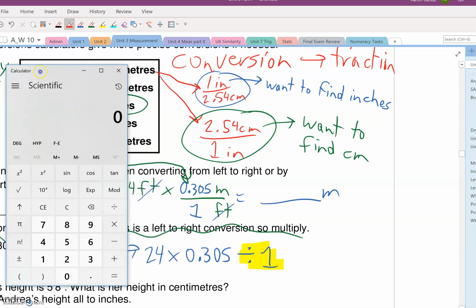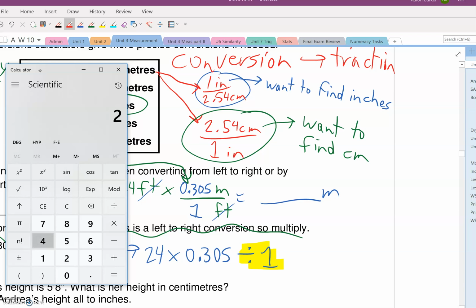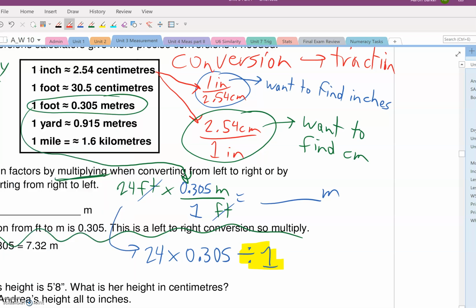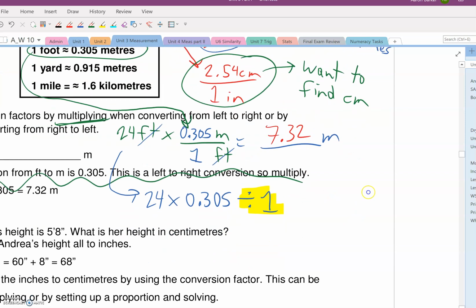So on my calculator then, I'm just going to go 24 times 0.305 equals, and I write down 7.32. Okay, there you go. And so that's the answer. 24 feet is 7.32 meters.